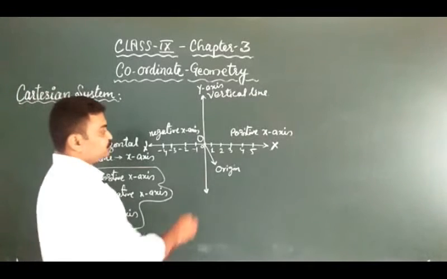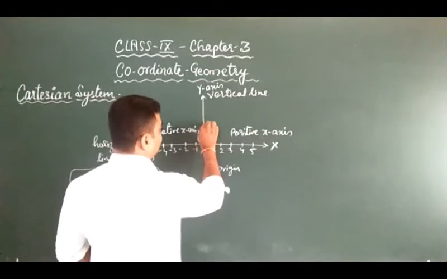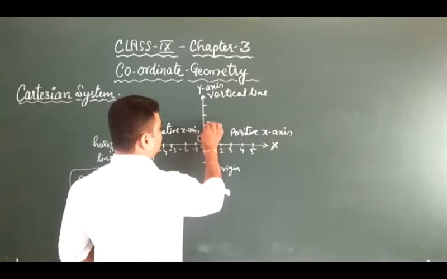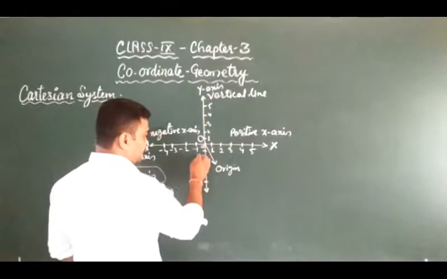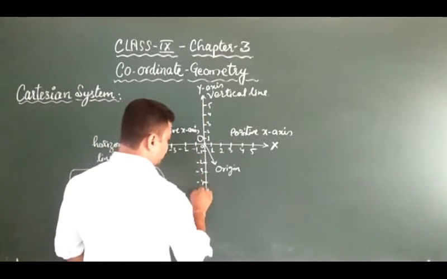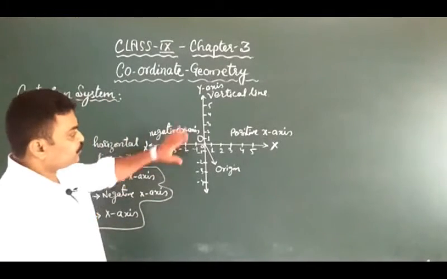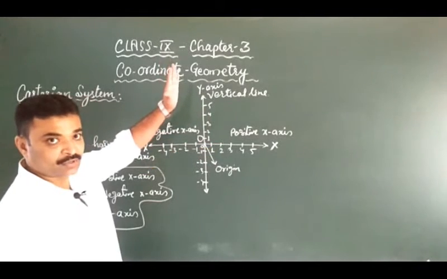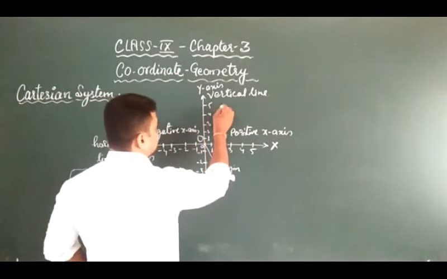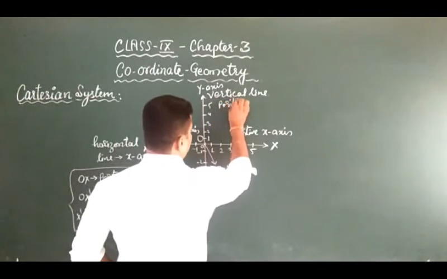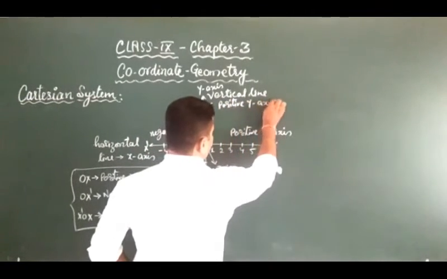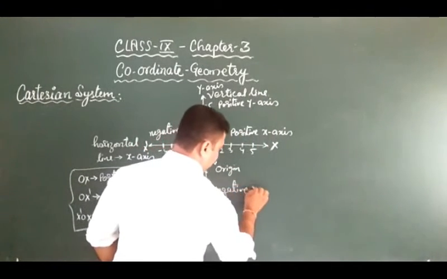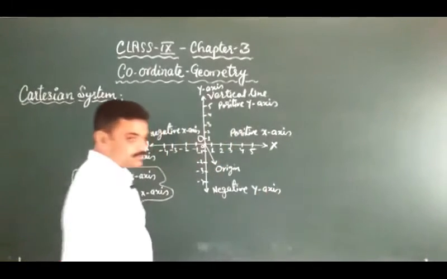Similarly, we will do numbering for the y-axis. It is 1, 2, 3, 4, 5 and so on, and it is -1, -2, -3, -4 and so on. From 0 in the upward direction, it is similarly the positive y-axis, and here it is the negative y-axis.